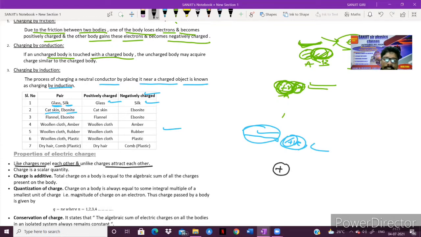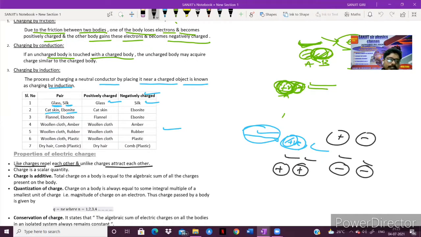Like charges means if two bodies have positive charges, then both repel each other. If both bodies have negative charge, they also repel each other. But if one body has positive charge and the other has negative charge, then they attract each other. This is the first property of electric charge.